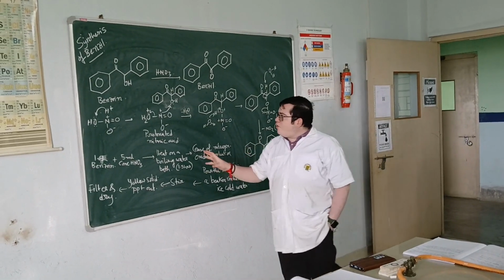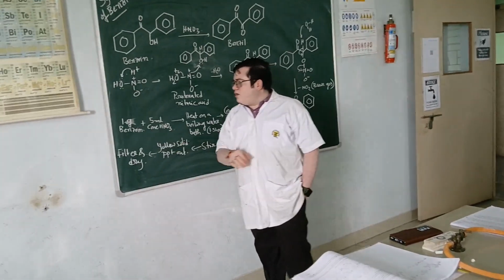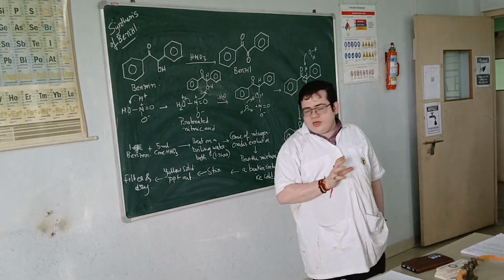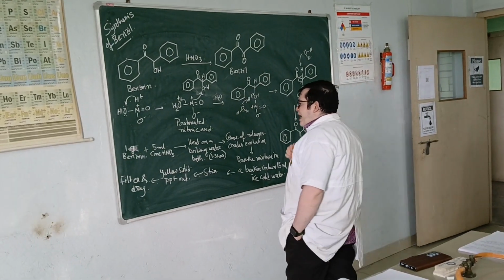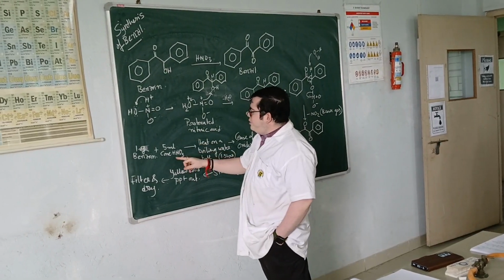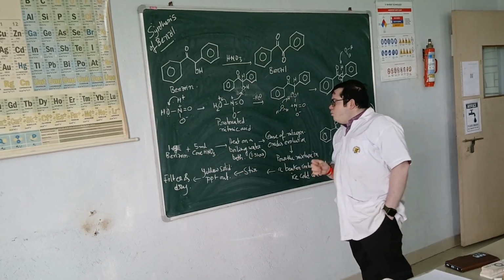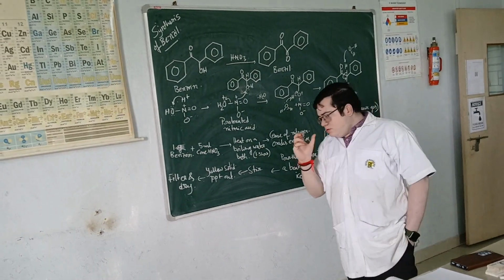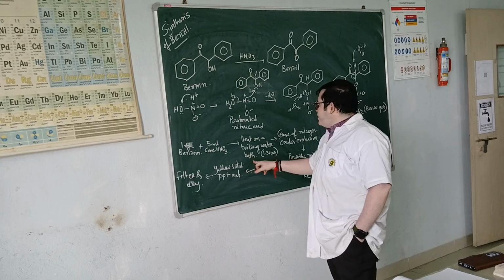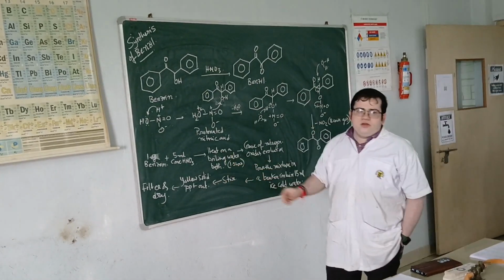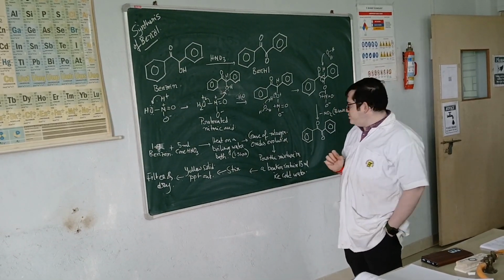To perform this reaction, at first you take 1 gram of benzoin in an RBF and add 5 ml of concentrated HNO₃. Then you put the vessel on the boiling water bath and heat it for 1.5 hours, that is 1 hour 30 minutes.